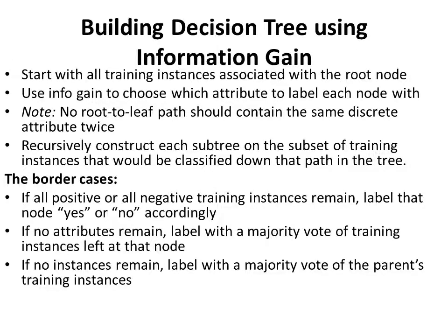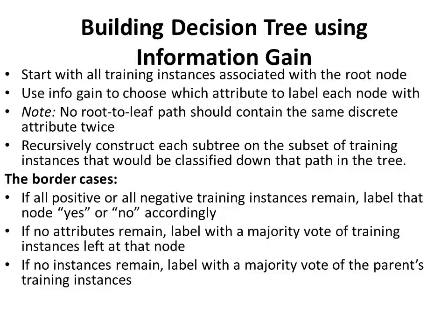Building a decision tree using information gain. So how to build a decision tree using information gain? Start with all training instances associated with the root node. Use information gain to choose which attribute to label each node with.